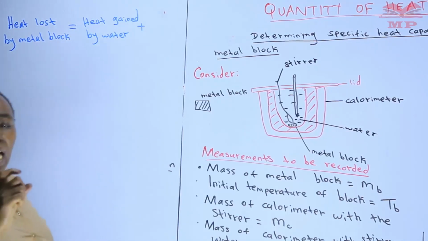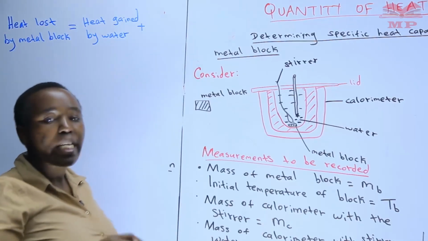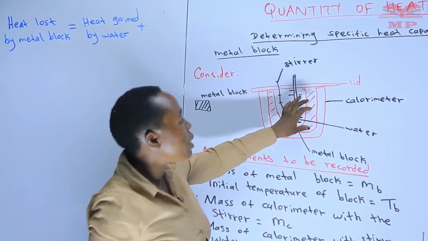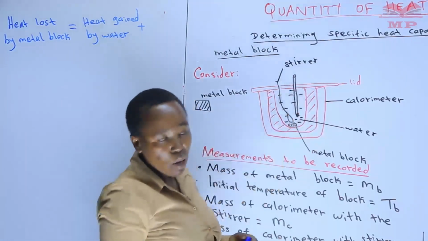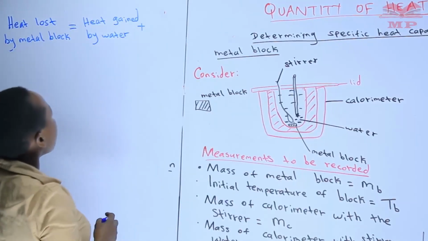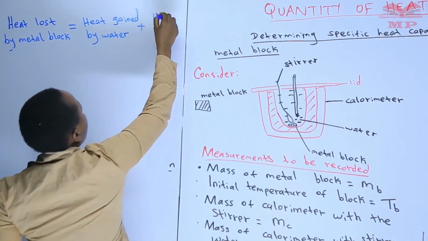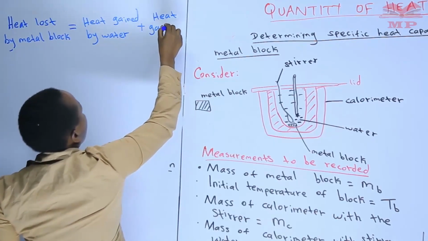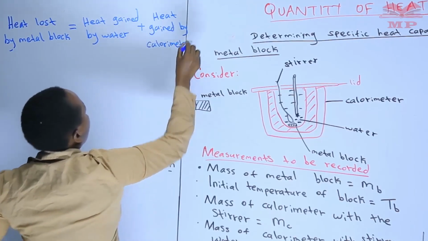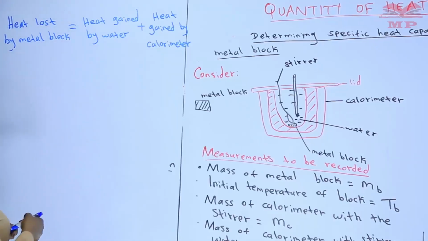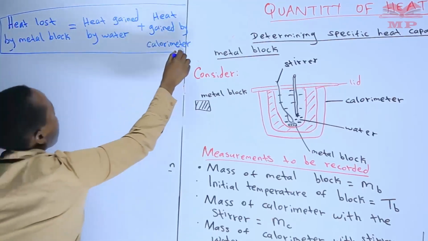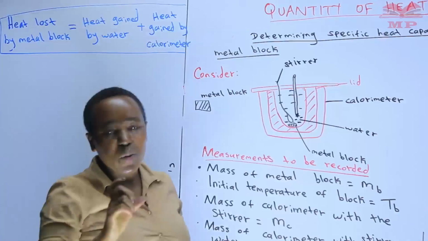We also have our calorimeter, which is also gaining heat. But as we have seen, the calorimeter will minimize heat loss to the surrounding. So heat lost by the metal block is equal to heat gained by water plus heat gained by calorimeter. Make note of that.